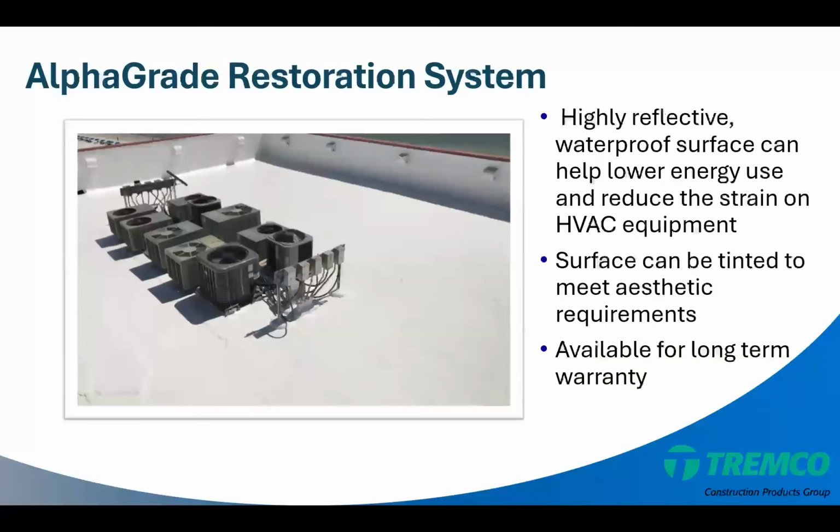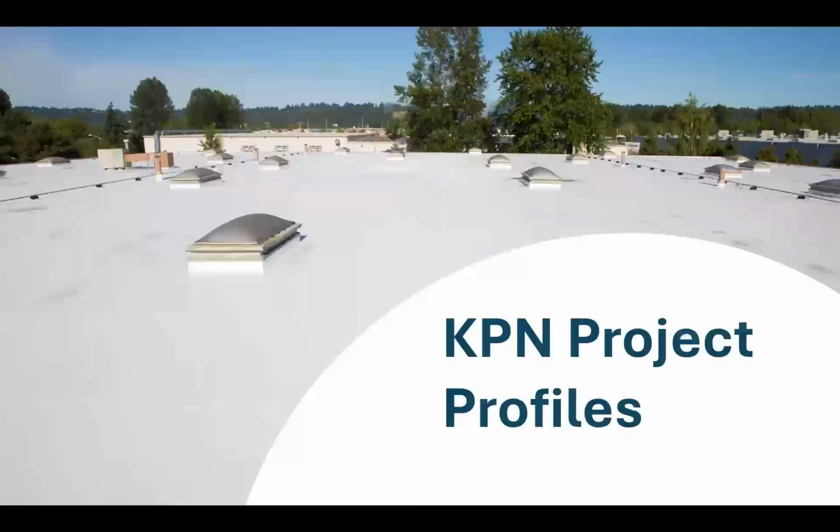And then the surfaces can also be tinted to meet various aesthetic requirements. If bright white was not desirable, there are some shades or colors that can be chosen from, and then again, available for those long-term full system warranties.